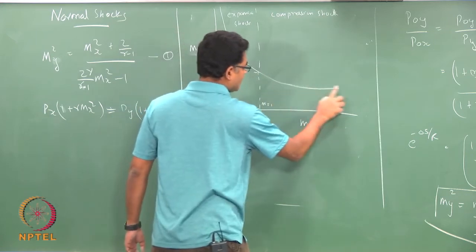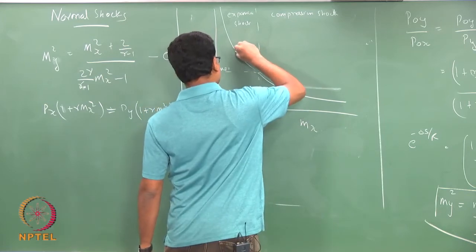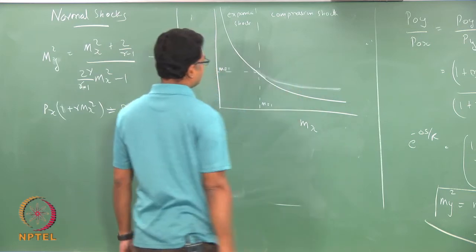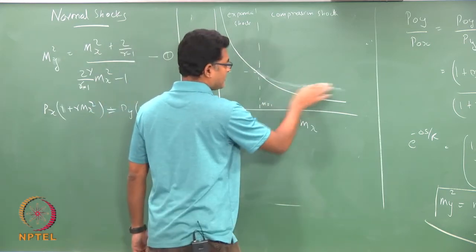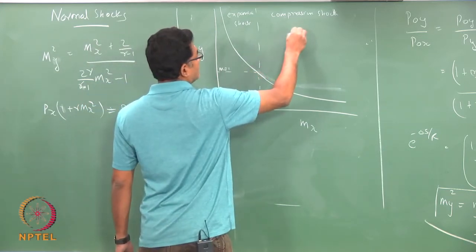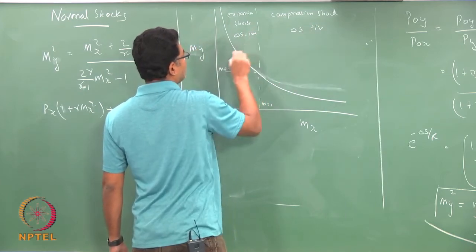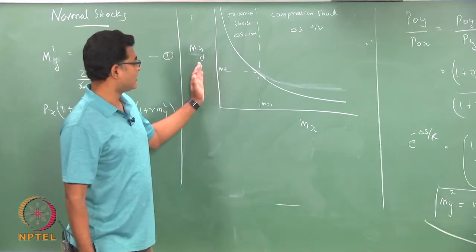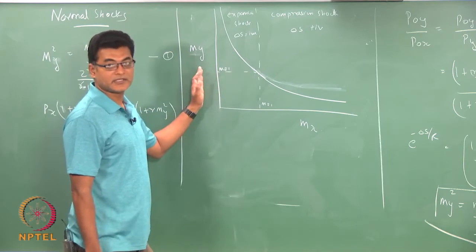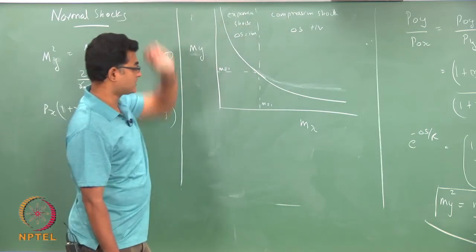This would be slightly more, a steeper curve. This is delta S positive, this is delta S negative. Hence, we are not going to discuss this particular case where M is less than 1. Subsonic expansion shocks we are not going to discuss; we are going to consider only this compression shock.